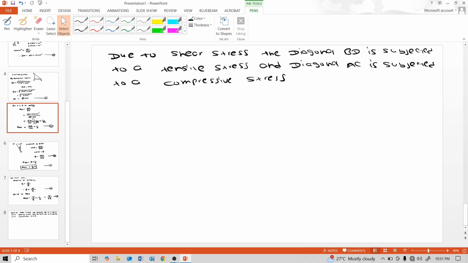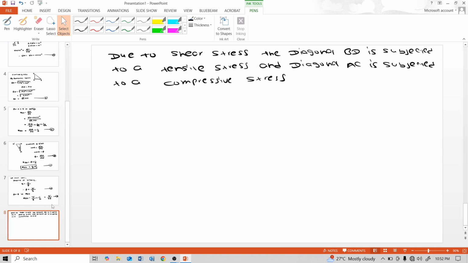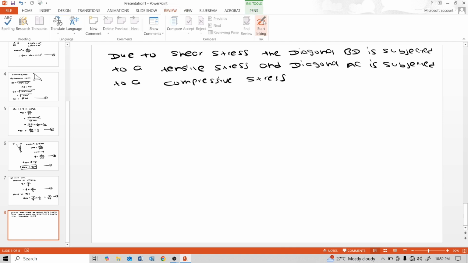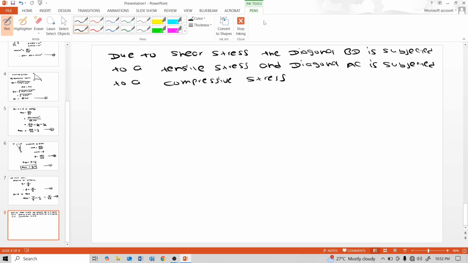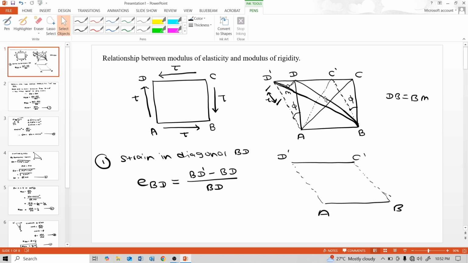Due to this shear stress, in diagonal BD tensile stress is seen, and in diagonal AC compressive stress is seen. Now tensile strain in BD due to tensile stress in BD.